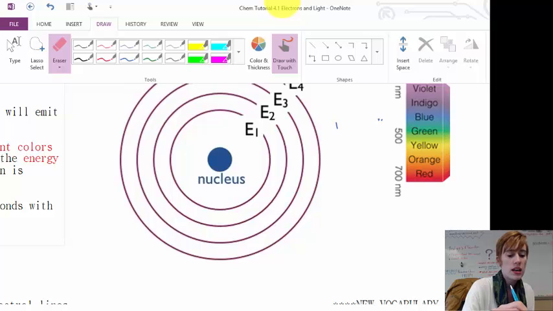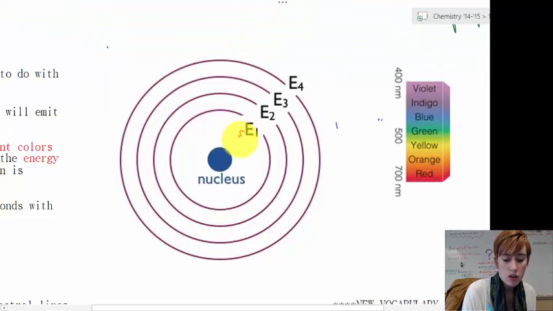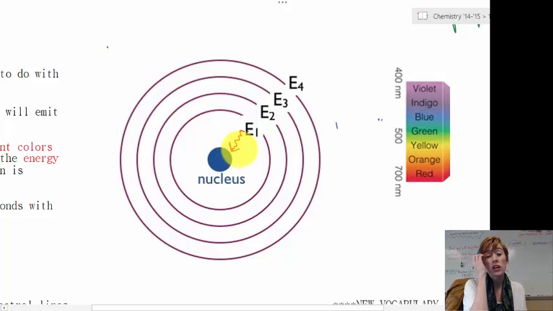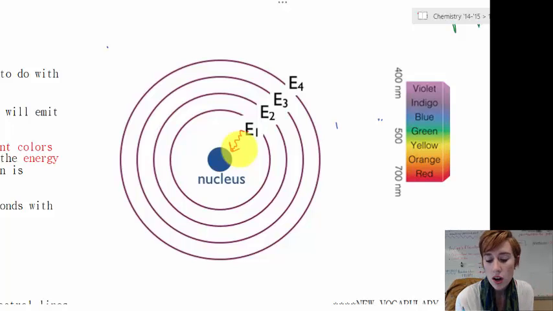For example, if an electron fell from a lower energy level, that means they're releasing low energy light. We know that red is low energy and violet is higher energy.